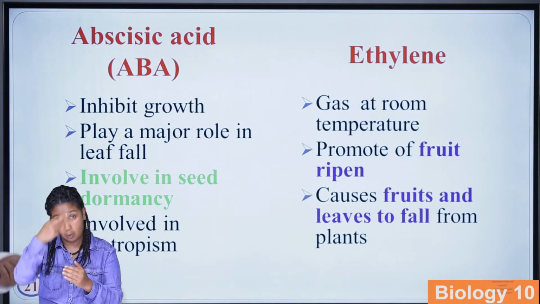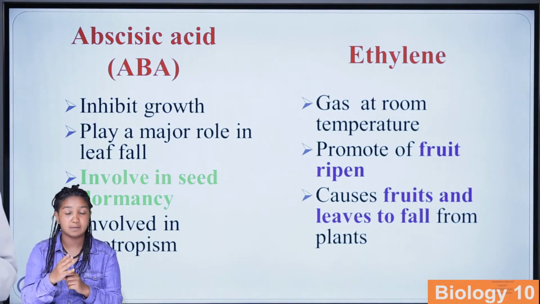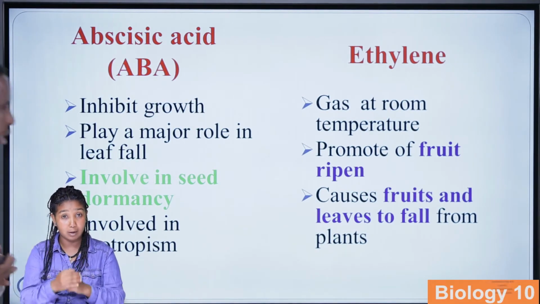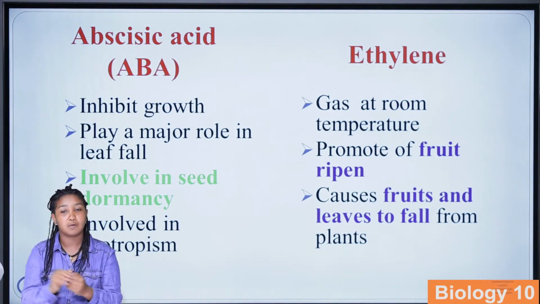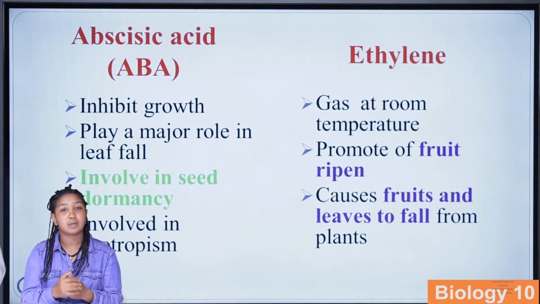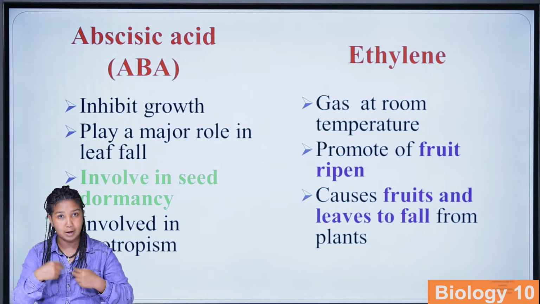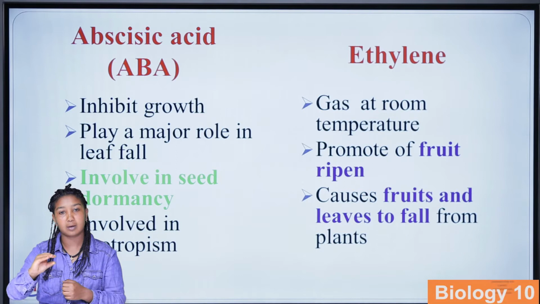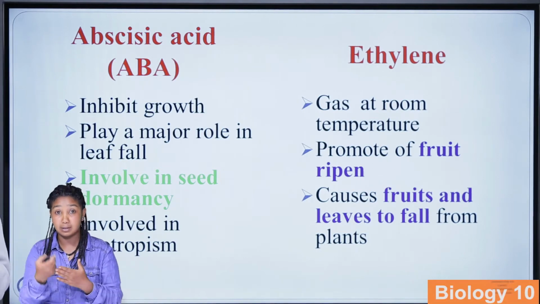It causes the fruit and the leaf to fall from the plant. When the fruit ripens, it promotes fruit falling. So we have seen the important hormones: auxin, gibberellin, cytokinin, abscisic acid, and ethylene. These are phytohormones.